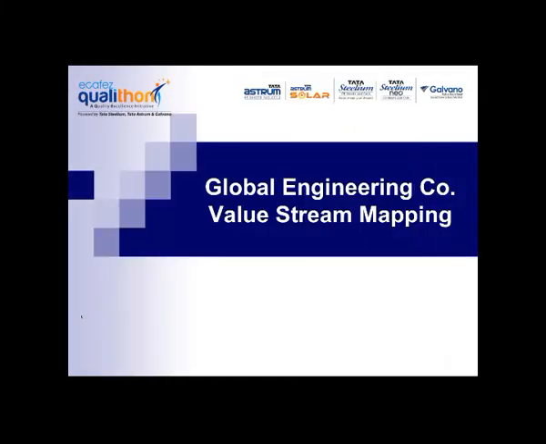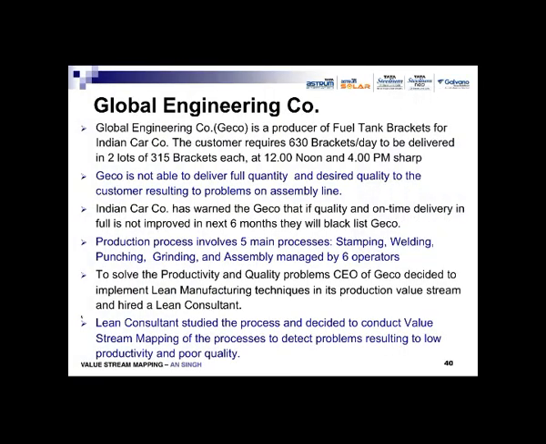Now let's learn how to actually do the value stream map. I'm taking a real case study of a global engineering company. Let's first understand the background of that company. Global Engineering Company is a producer of fuel tank brackets for an Indian car company.